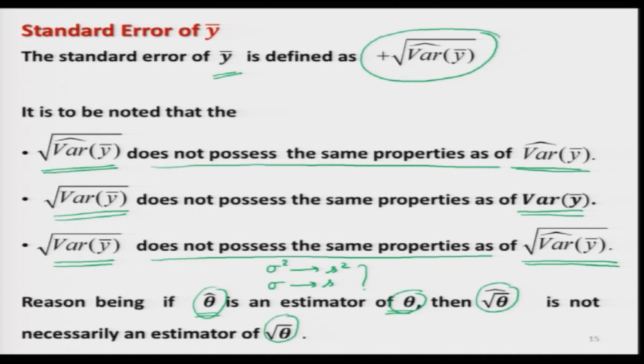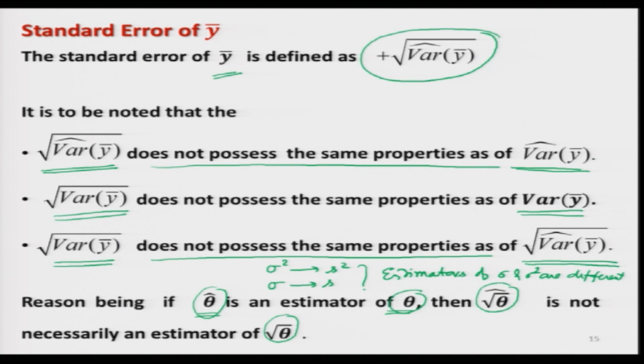I am not saying that sigma cannot be estimated, but the estimators of sigma and sigma square are going to be different. So I can write down here very clearly that the estimators of sigma and sigma square are different, and so they will have different statistical properties.